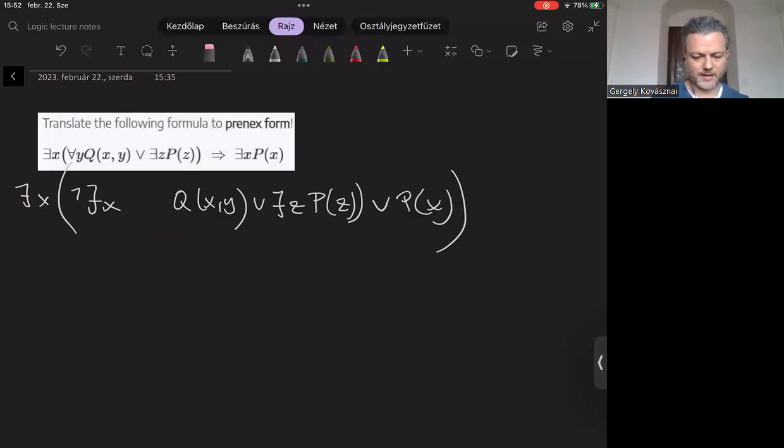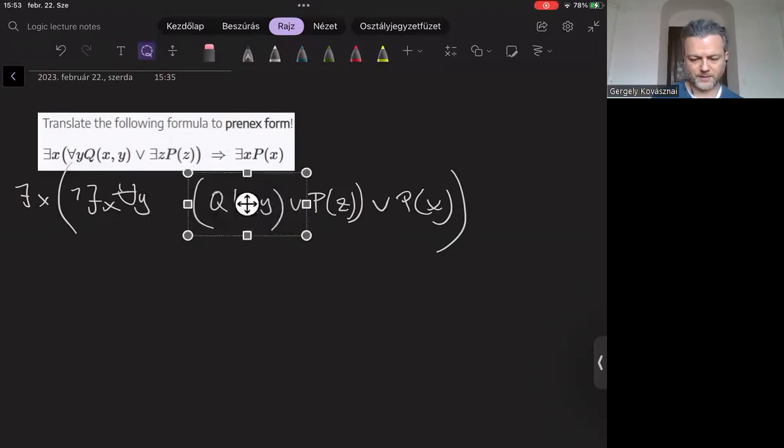Yes, so something like this. We can do this. Think about it. There is no restriction which prohibits us to do that. And similarly, we can move the exists z quantifier to the same location there. No problem. We have no problem with that.